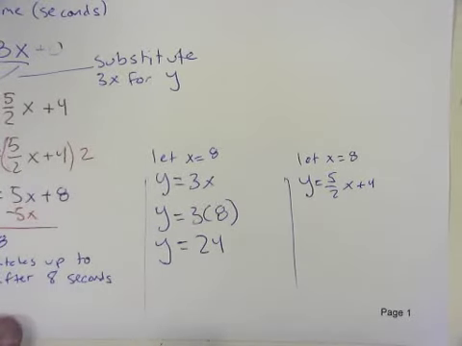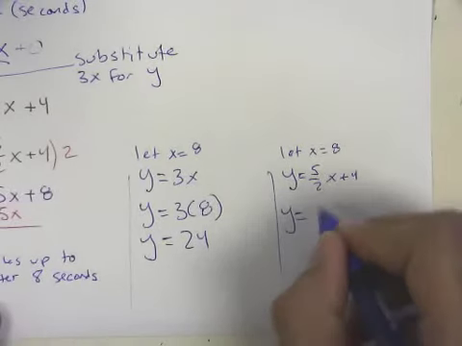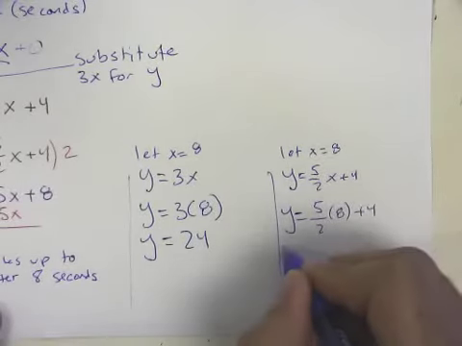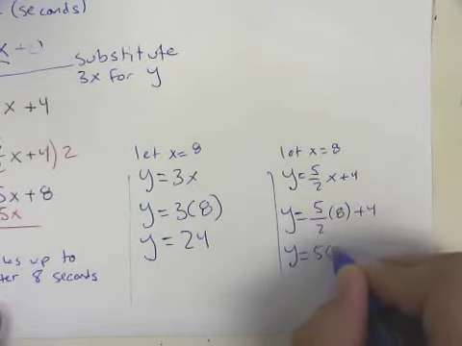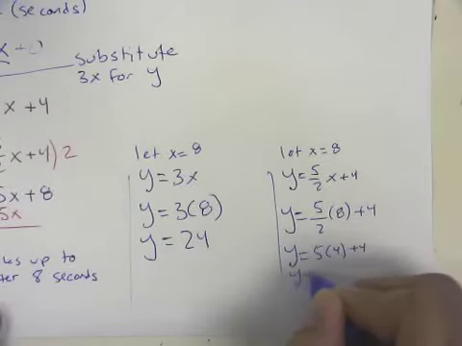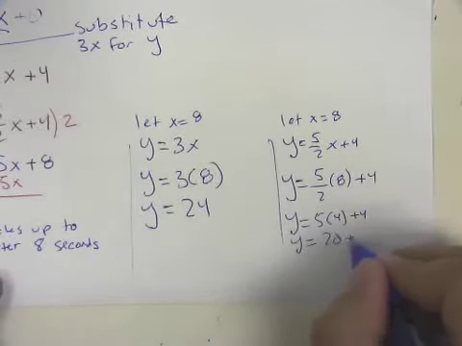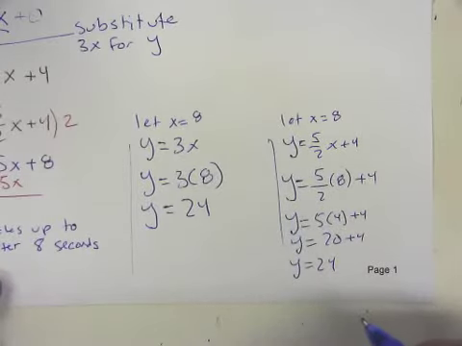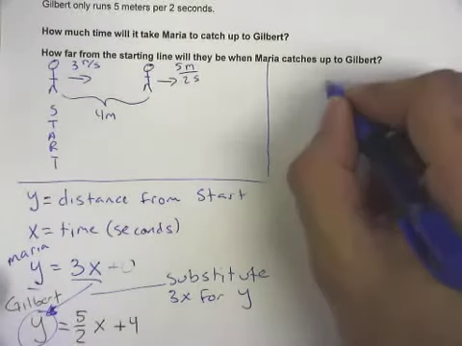So after 8 seconds, they will both be 24 meters from the starting line. You can see that also by plugging it into Gilbert's, although this is completely unnecessary. We would have 5 times 4 plus 4, which would be 20 plus 4, which would be 24.